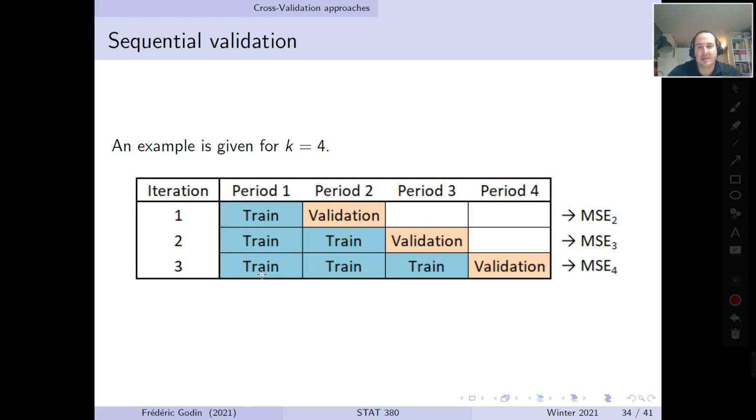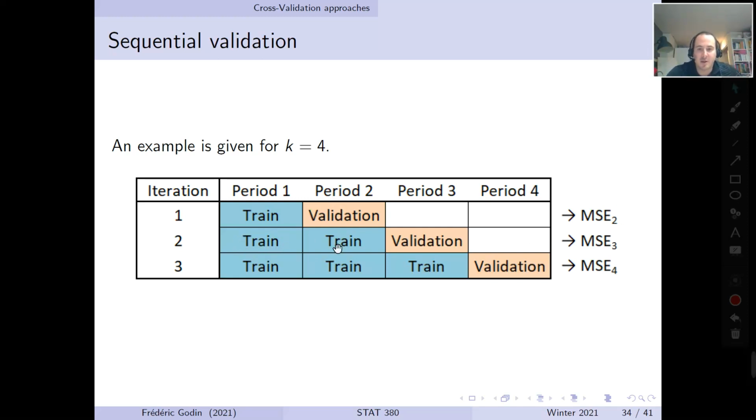So here, if you apply sequential validation with k subsets, or let's say k is equal to 4 periods, here's how it goes. You would have exactly 3 iterations. First iteration, you train the model on period 1 and assess its performance on the data for period 2. This would give you MSE2.